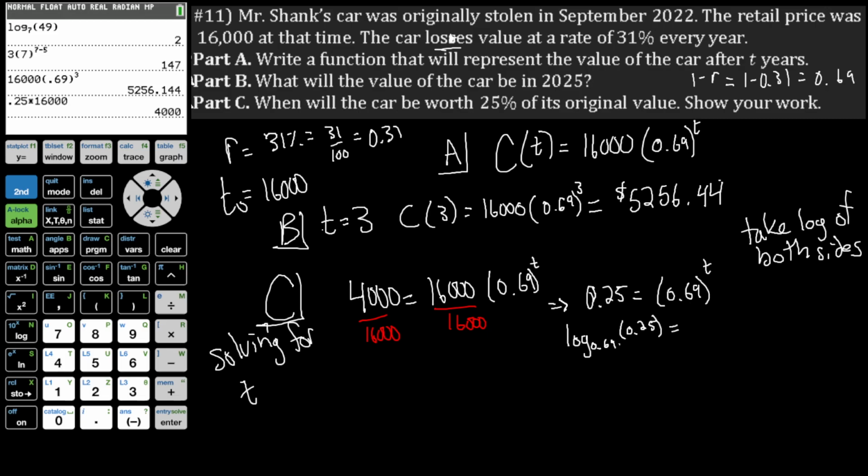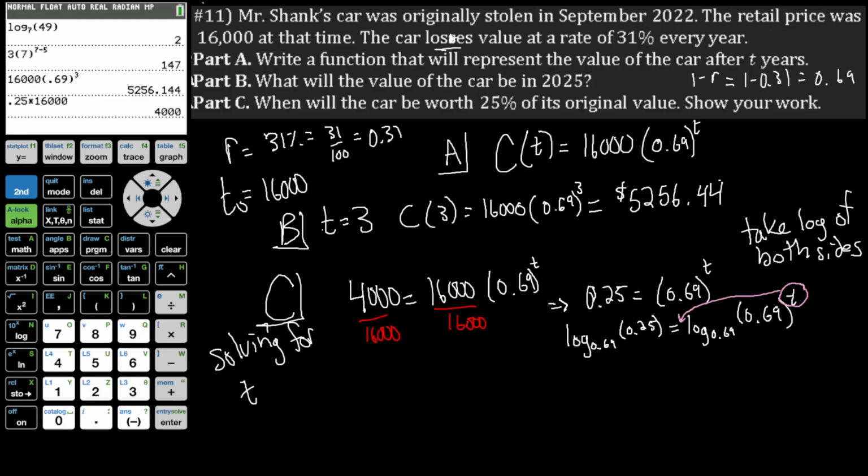because if I take log of 0.69 of my right side, again, remember the exponent t comes down, and that amount ends up being 1.